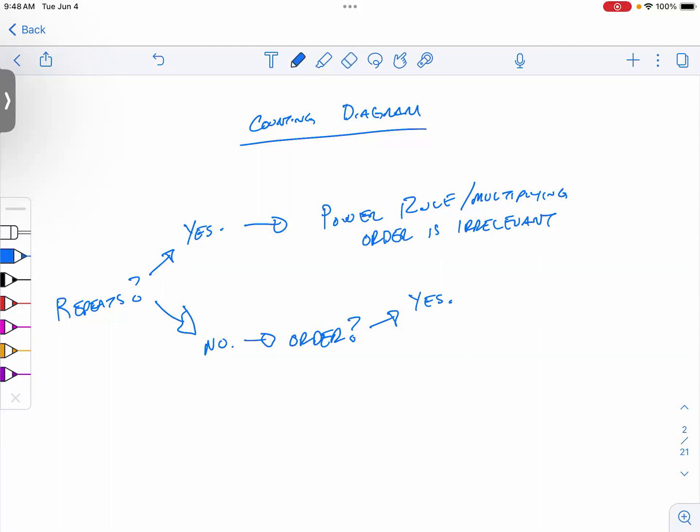If the answer is yes, we are going to do permutations. And we're going to talk about this in a minute. If the answer is no, then we are going to do combinations. And so this is basically the entire concept of identifying what's happening with counting principles. All right, and we're going to keep coming back to this chart.